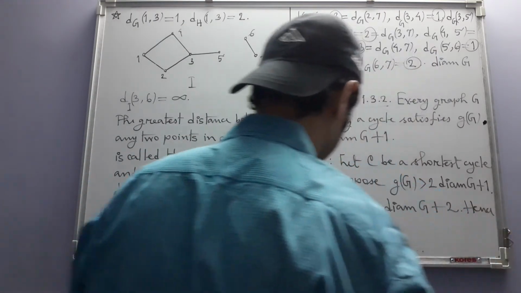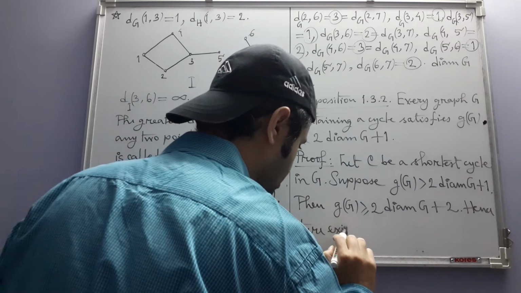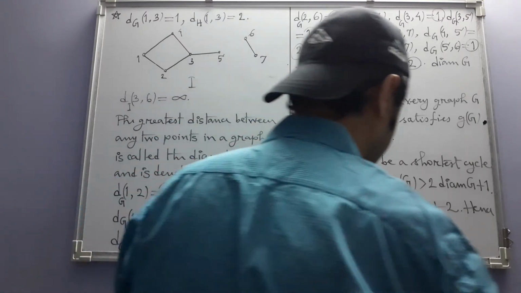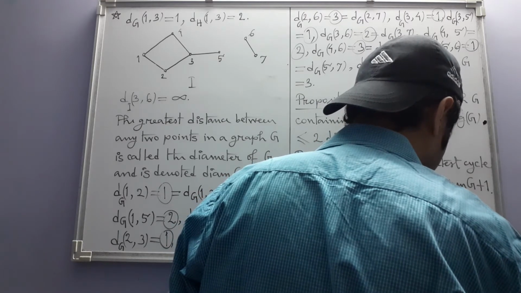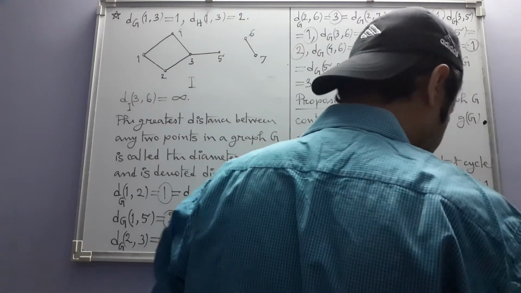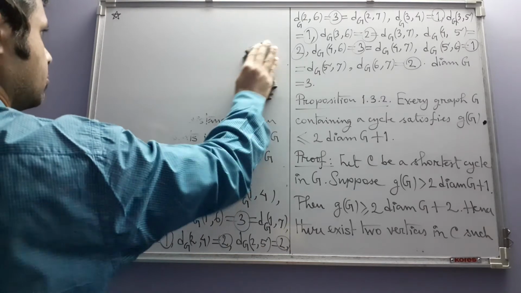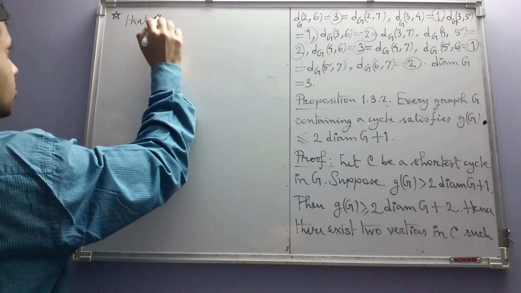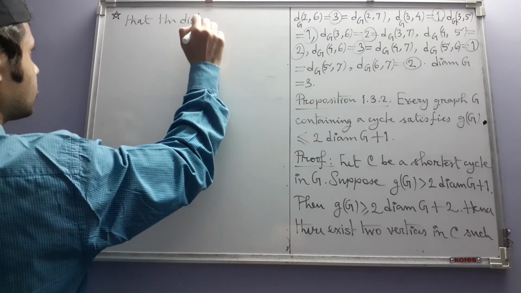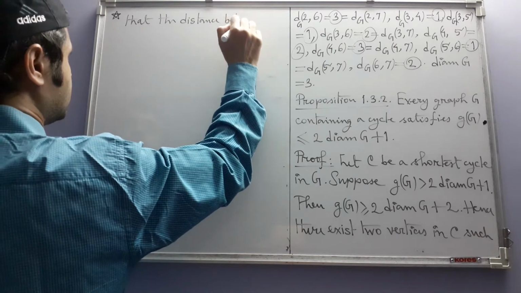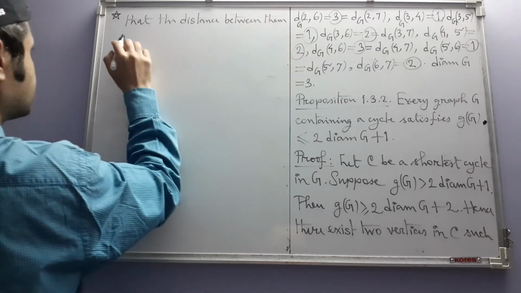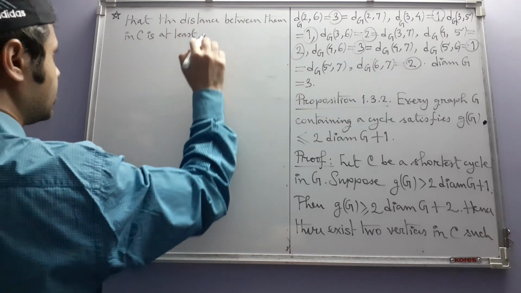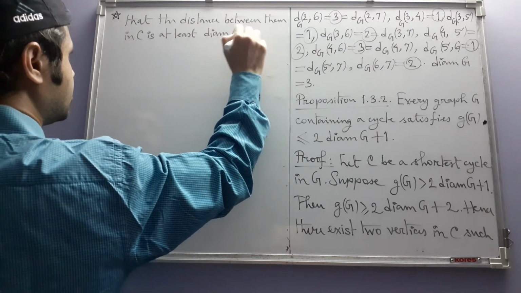Hence, there exist two vertices in C such that the distance between them in C is at least diameter of G plus 1.